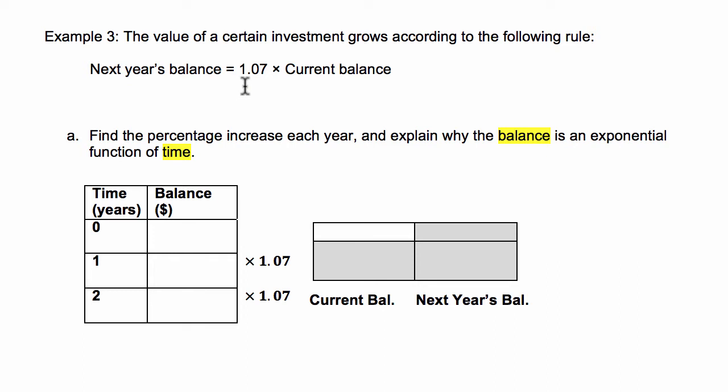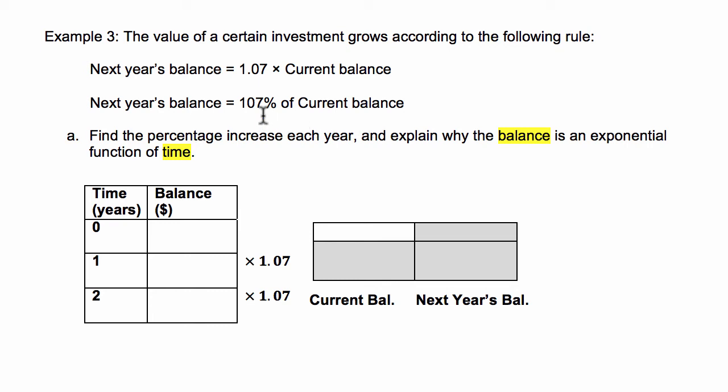That means moving the decimal to the right 2 times. So instead of 1.07, we have 107%. Moreover, instead of multiplying by current balance, we can change the multiplication sign into the word of. This gives us next year's balance equals 107% of the current balance.